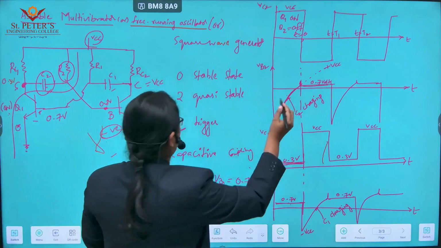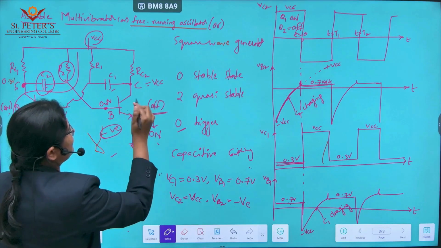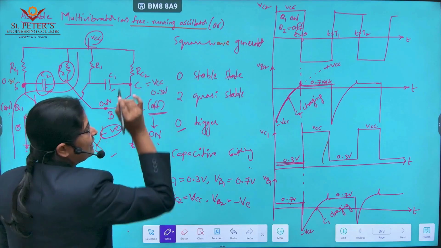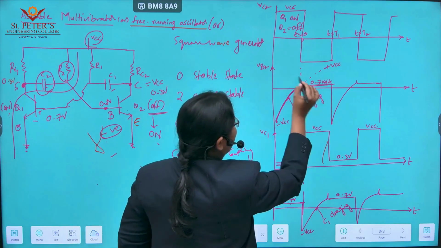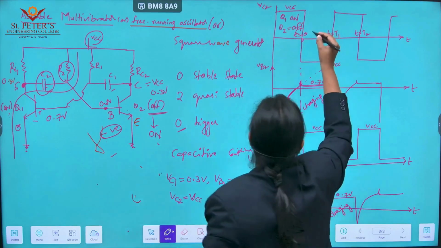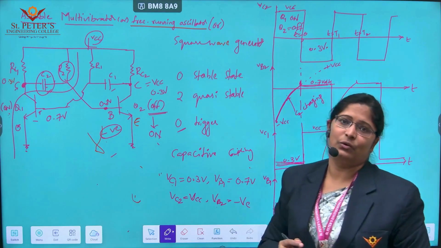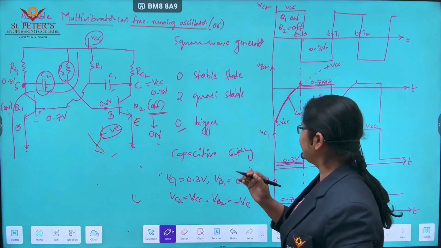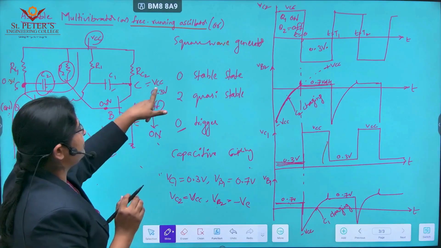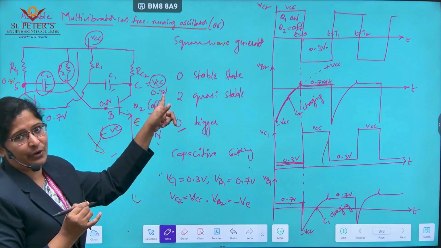So now Q2 has changed its state to on. As Q2 is on, this is a closed path for a closed transistor. Now the collector voltage goes to 0.3, so the VB2 waveform is 0.7. The collector voltage, earlier VCC, has all of a sudden dropped to 0.3.